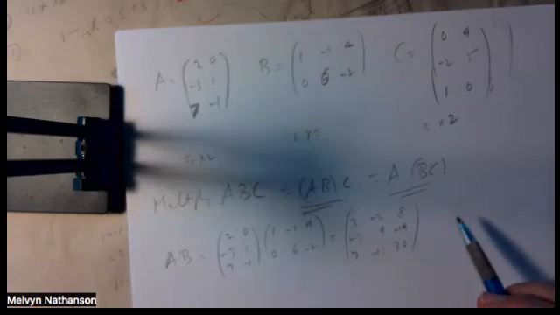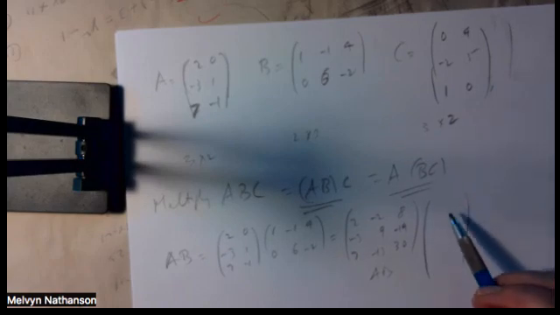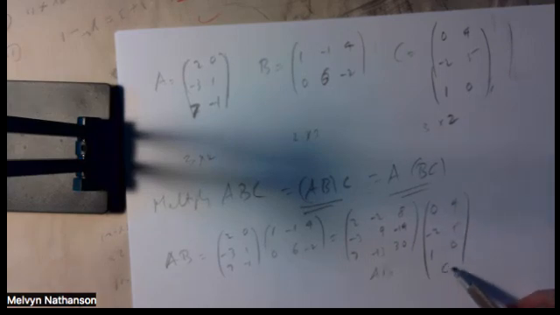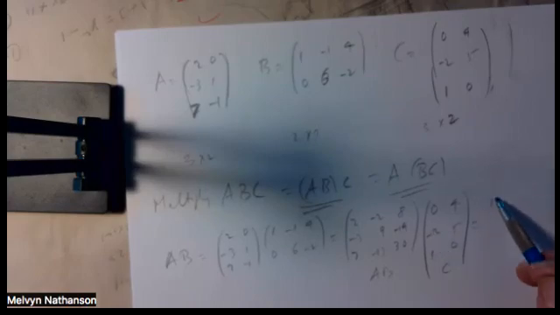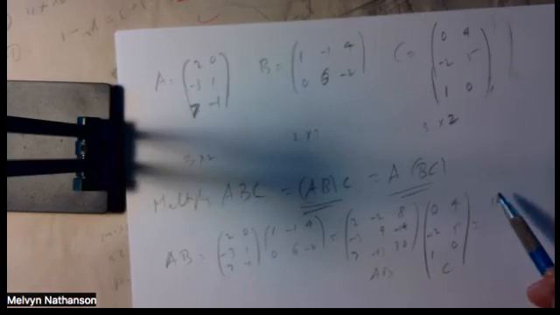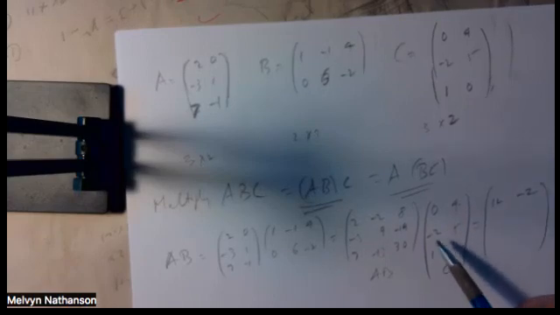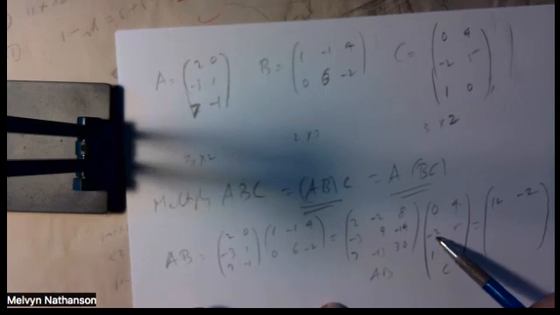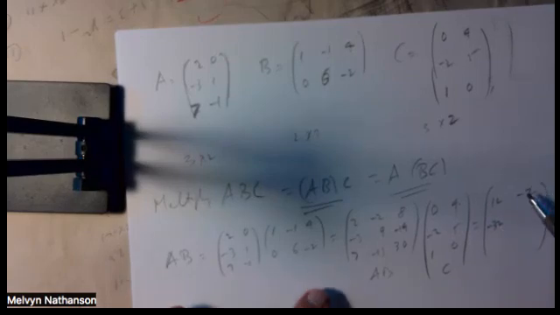And if I multiply this by C, this is C: 0, minus 2, 1, 4, 5, 0. I get 0, 4 plus 8 is 12. I get the first row, second column, 8 minus 10 is minus 2. For the second row, I get minus 18 minus 14 is minus 32.